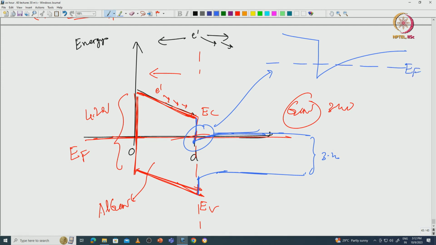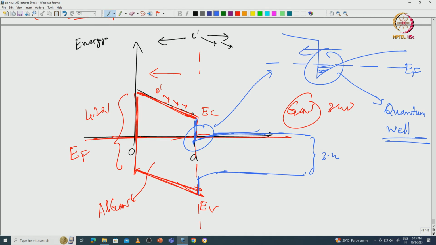Why did it happen? Because I told you there is a mobile electron gas that has formed, and that mobile electron gas is here, it is like a quantum well. What is a quantum well? In class 10+2 or in our undergrad first year we might have studied about it. A quantum well is basically when you have a potential surrounded by higher potential, so that it is like a well, and electrons cannot go in this direction.